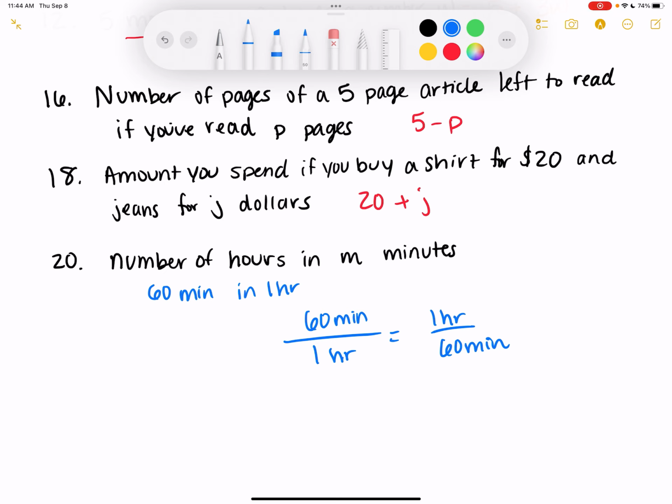If we want to know how many hours are in the minutes, what we really should have is hours over minutes. Okay? We should really show that there is, see, it's a problem because they're telling you M minutes. They should have said hours over 60 minutes.